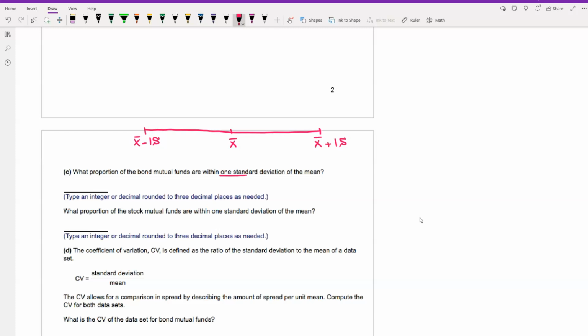And our x bar for bond mutual funds was 2.275 plus our standard deviation was 0.669. So here we have 2.944. And here on the left side, we have to subtract.